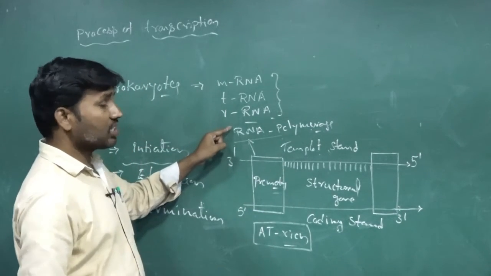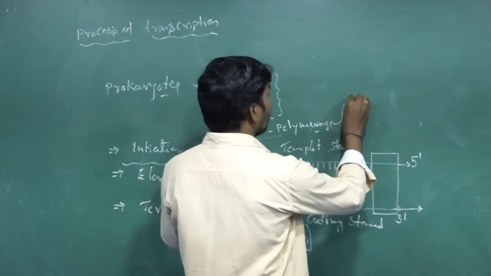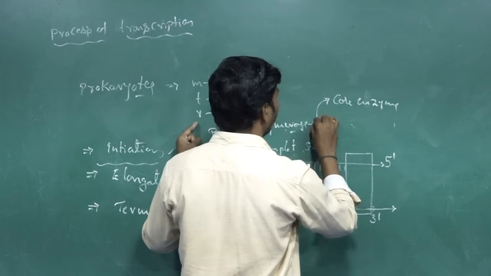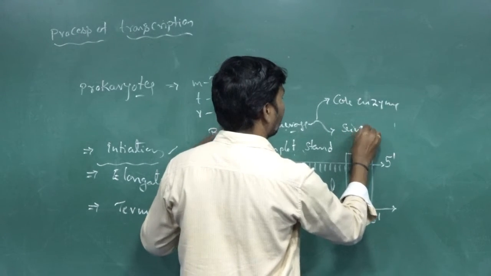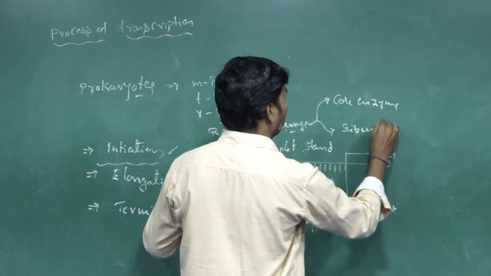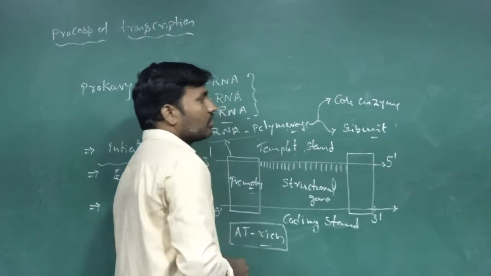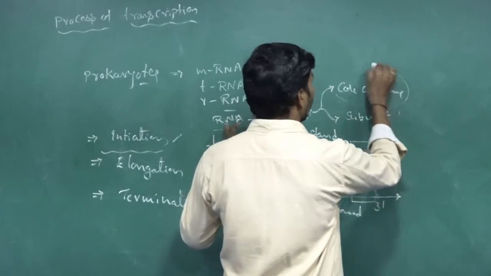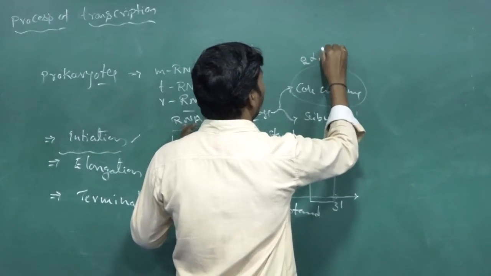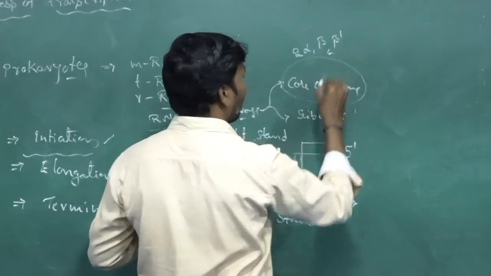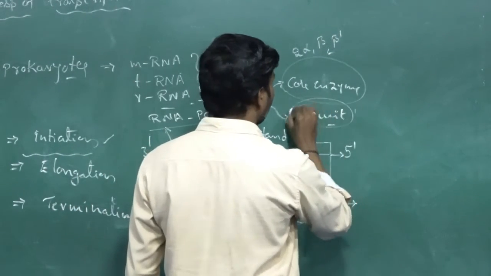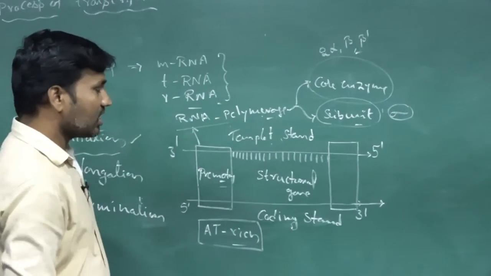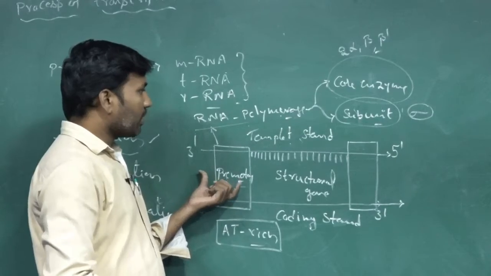We already know the RNA polymerase structure: a core enzyme and the subunit. These are the two parts presented in the RNA polymerase. The core enzyme is formed by two alpha, beta, and beta prime, and the subunit is the sigma factor.